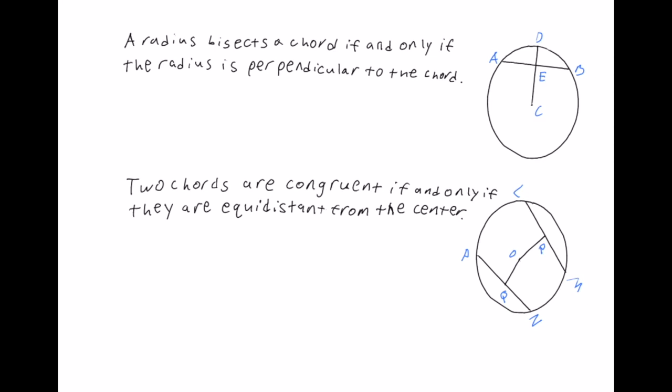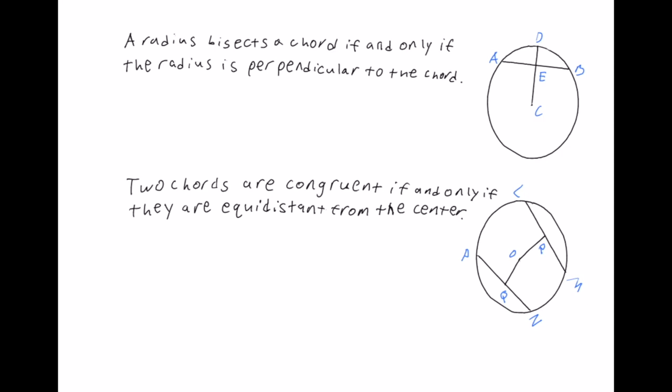It says that a radius bisects a chord if the radius is perpendicular to the chord, but it also says the backwards. A radius is perpendicular to a chord if that radius bisects the chord.